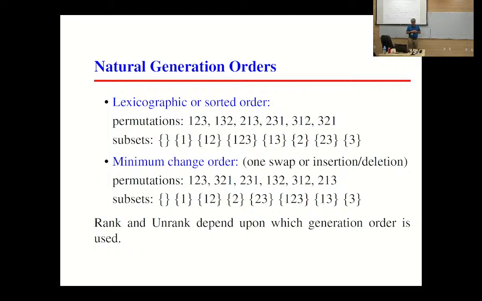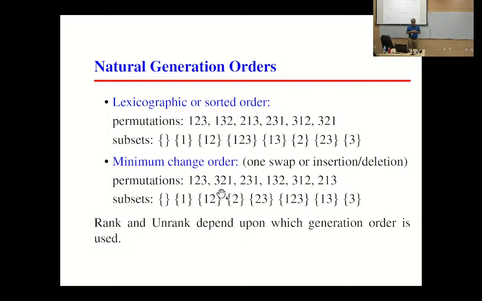Can you have one item in a different position and all the others be the same? No, because they're the same set of items. You can have a swap between 2 items. That's the smallest change you can make between 2 permutations. And in this minimum change order, there's exactly 1 swap each time.